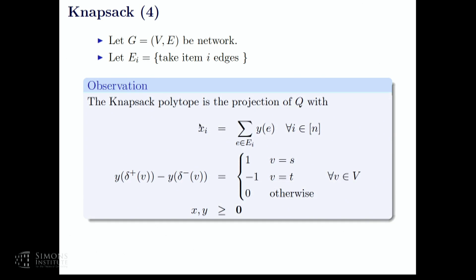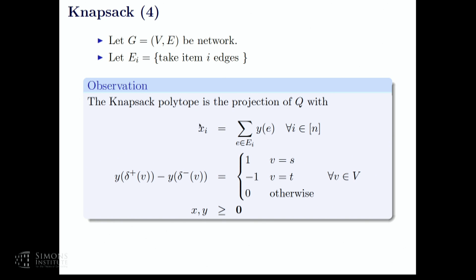So this is our network, and this is the linear program. You'll need some flow variables that are called y, and it should be a flow that sends a flow of 1 from the source to the sink, and at every other node, you want that what's coming into the node minus what's going out of the node is 0. So this models your flow.